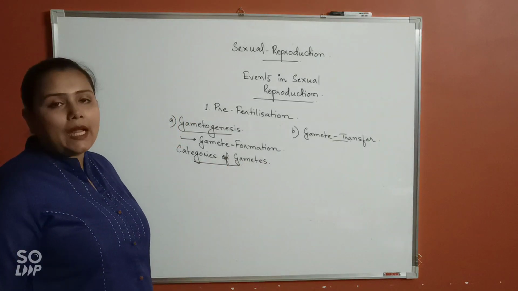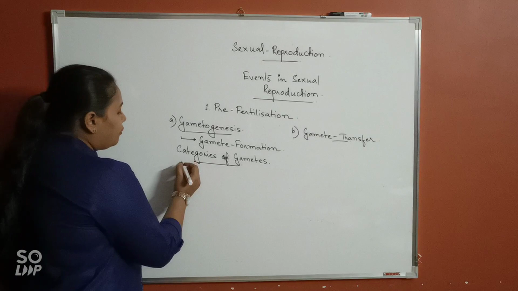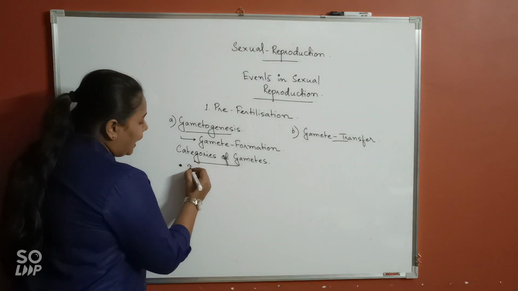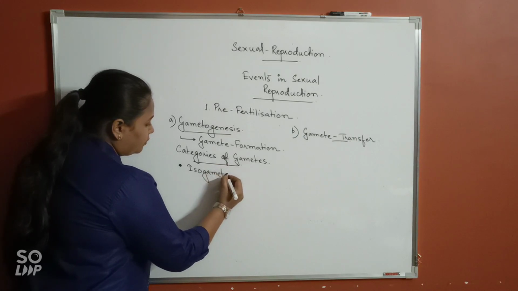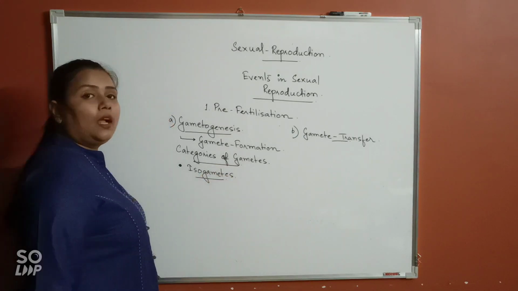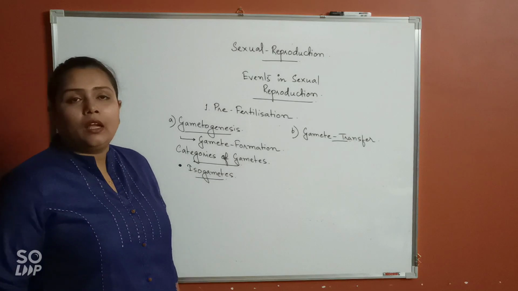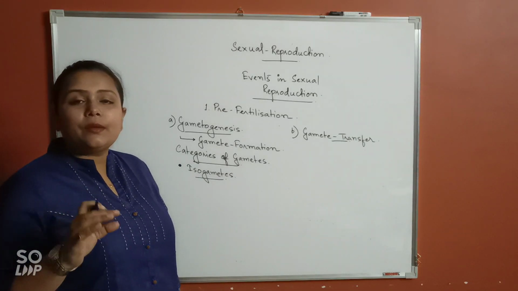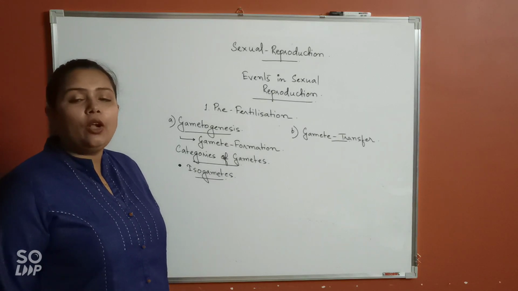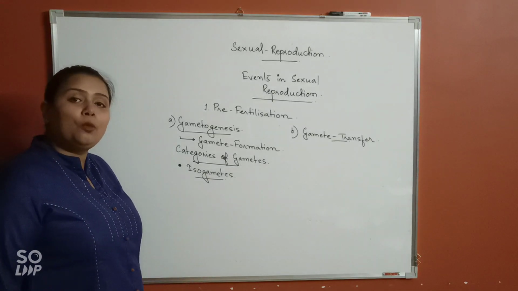There can be two categories of gametes. First, isogametes. Isogametes means two gametes which are fusing together. If they are similar in their morphology, we call them isogametes or homogametes.